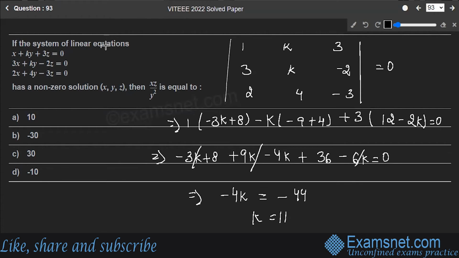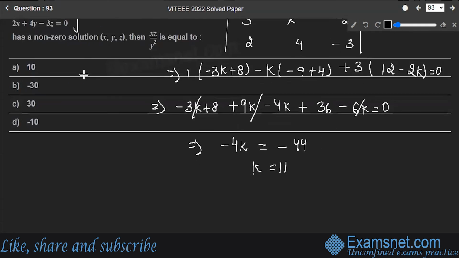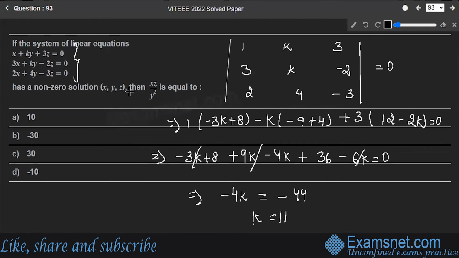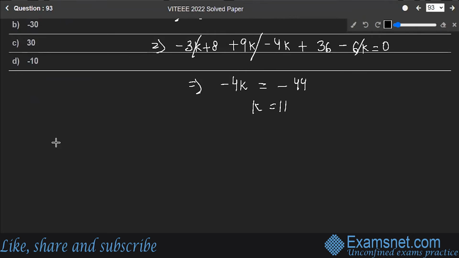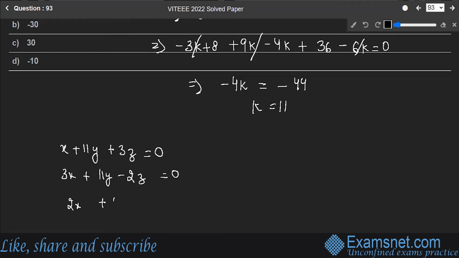Okay, now what will these equations become? So let's fill the value of k in these three equations. You will get the equations as x plus 11y plus 3z is equal to 0, 3x plus 11y minus 2z is equal to 0, 2x plus 4y minus 3z is equal to 0. Let's say this is equation 1, 2, and 3. Okay.